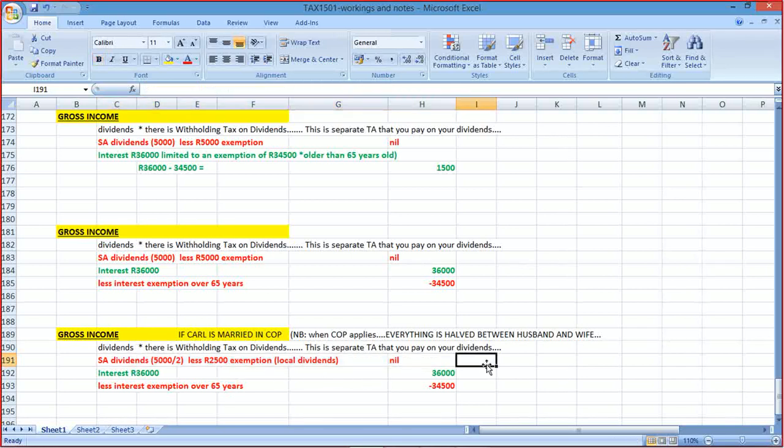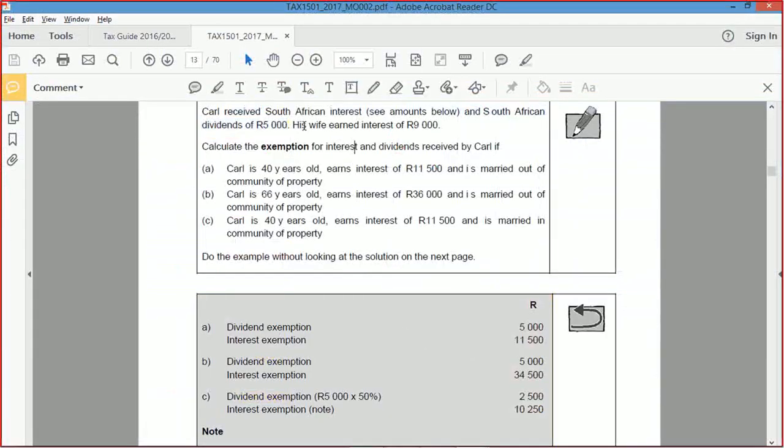So he's going to show 0 still, but he's only going to show 2,500 as income, and then an exemption of 2,500. The exemption for South African dividends, what is it again? There's no limit. It's unlimited as long as it's South African companies. You can earn R1,000,000 in South African dividends, as long as it's from South African companies and it meets all the rules. The 1,000,000 will be exempt.